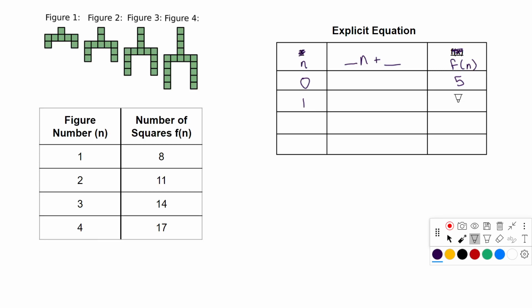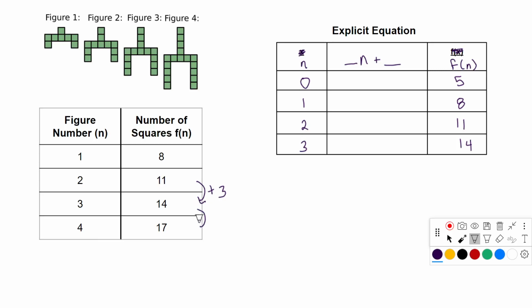So if I use my table and I use the values 0 through 3, so that I can check to make sure my pattern is going to work, my explicit equation is going to work. So my common difference was 3.